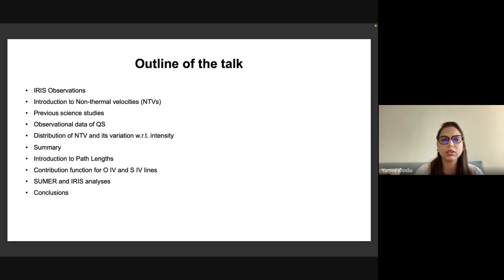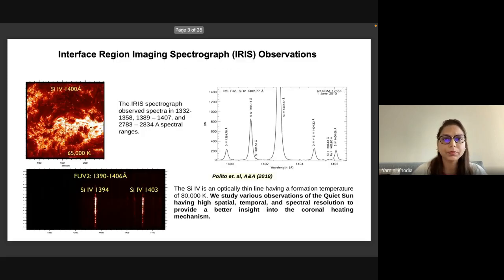And then I'll also explain my other work regarding the calculation of path lengths and filling factors and the motivation behind that work.